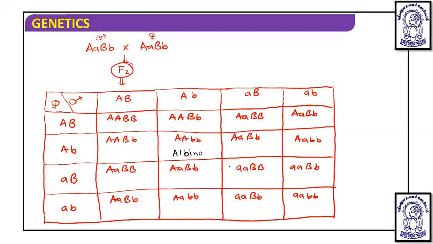When there is small a, small b, then it is also going to be albino. This is also albino, and this too.